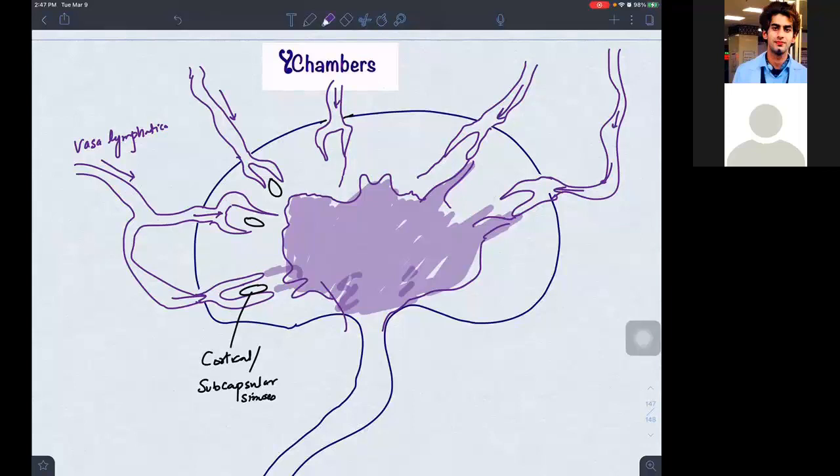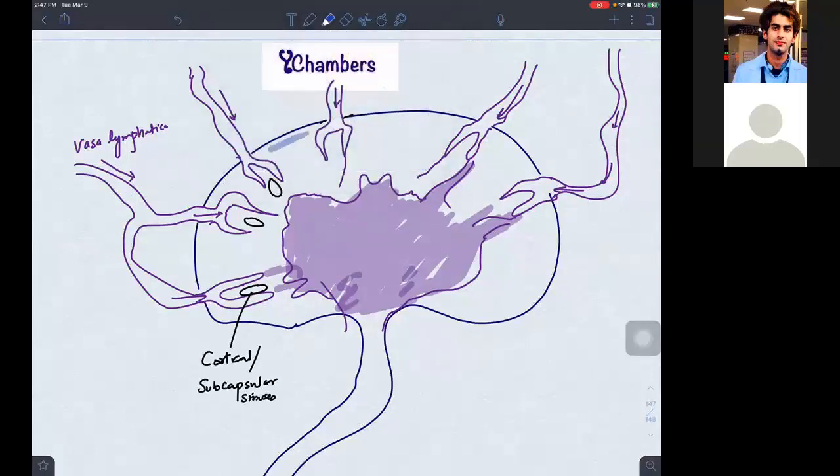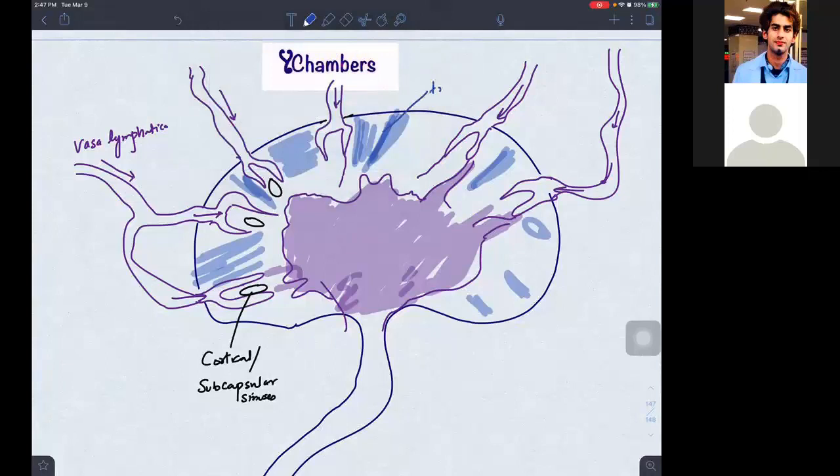I had to show some meshwork. This is the trabecular meshwork. You can see some sinuses coming in between that as well.